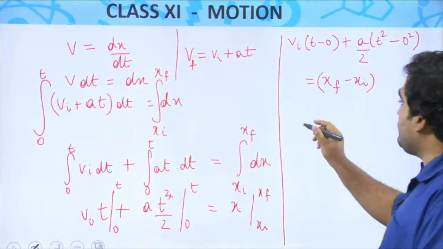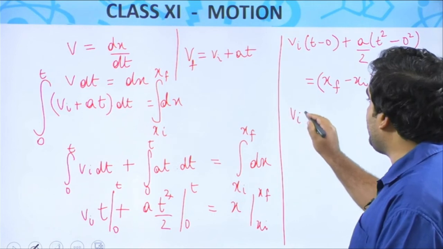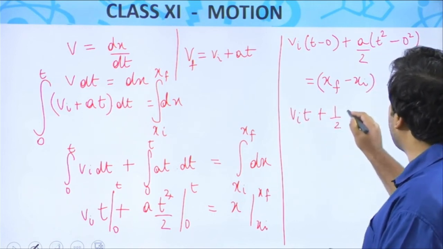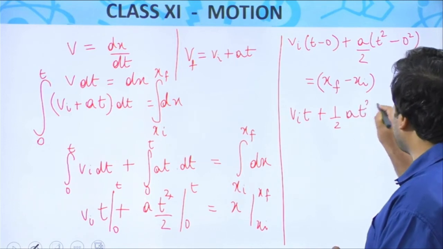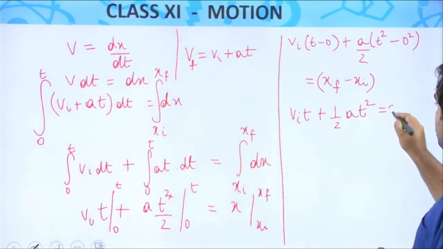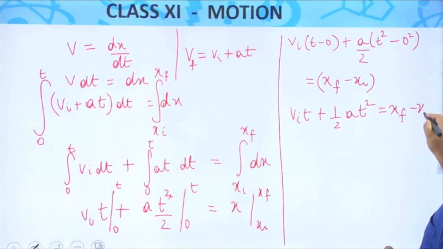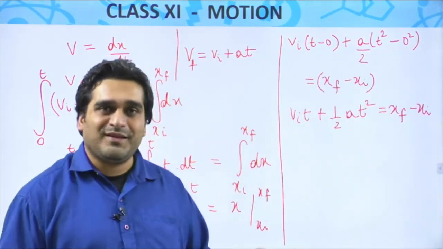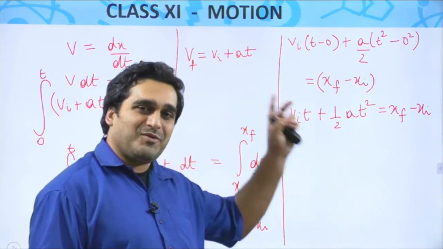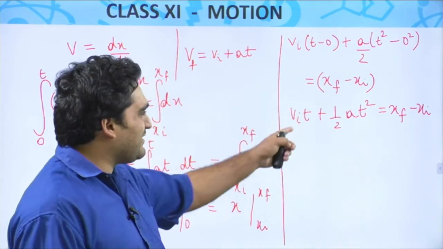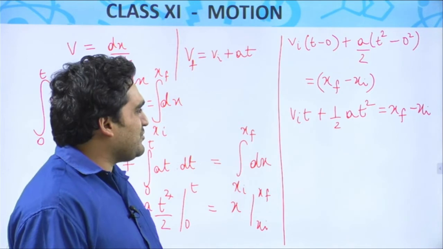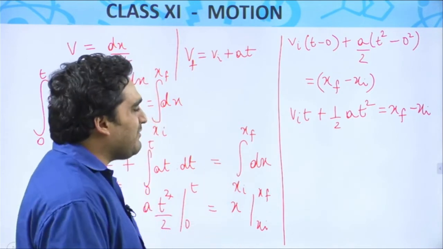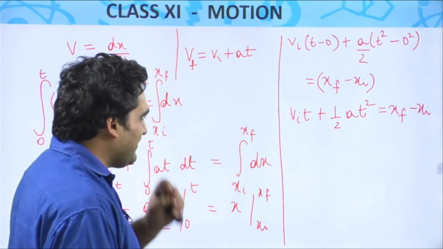t minus 0 is t, so vi times t plus 1 by 2 a t square is equal to xf minus xi. Is it looking familiar? This is almost similar to what we had derived in the last session, the second equation of motion, the position and time relation, right?